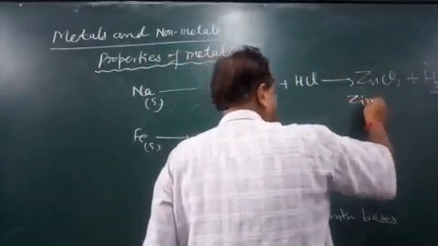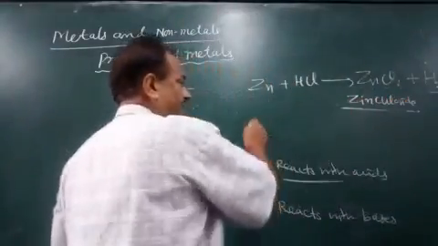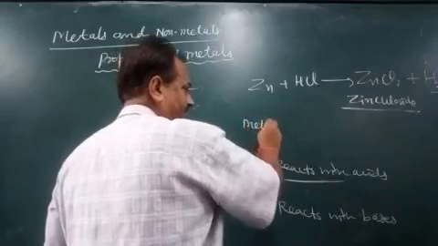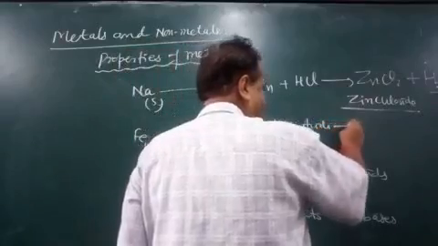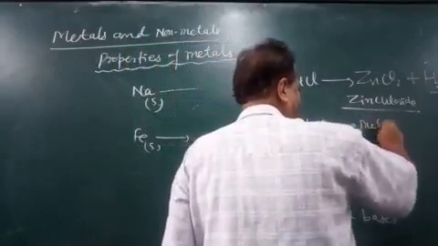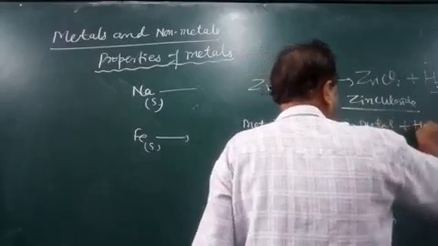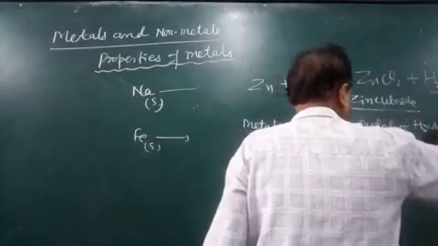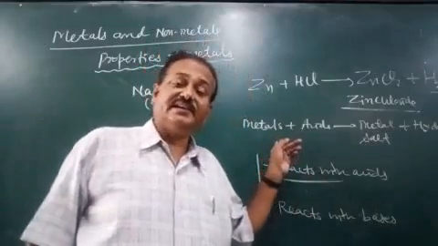This is zinc chloride. It is a salt. So what we can say? Metals plus acids form metal salt plus hydrogen. This is the general reaction.